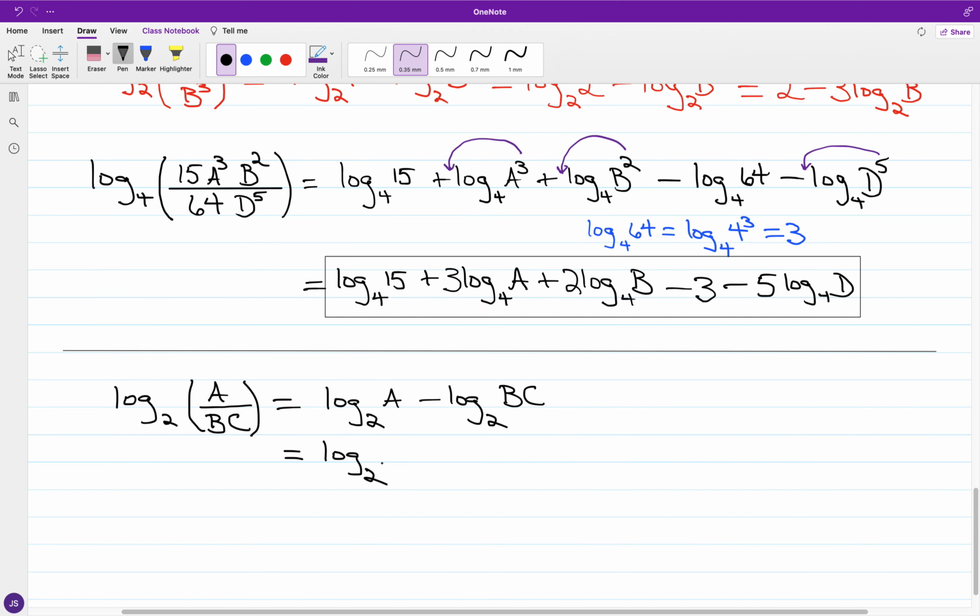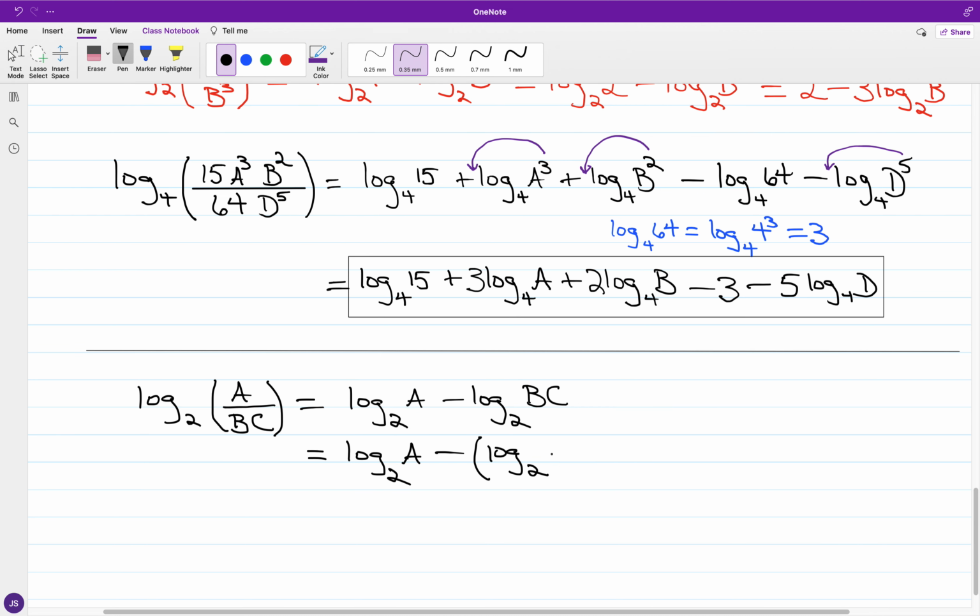But guess what? So I had the base 2 logarithm of a. Now b and c are multiplying each other, but if I expanded out the base 2 logarithm of b times c, that's a base 2 logarithm of b plus a base 2 logarithm of c.